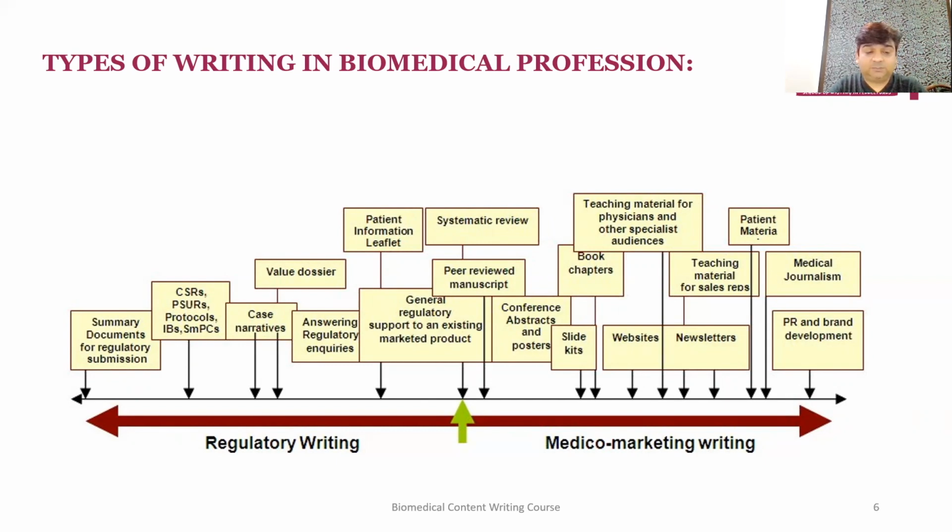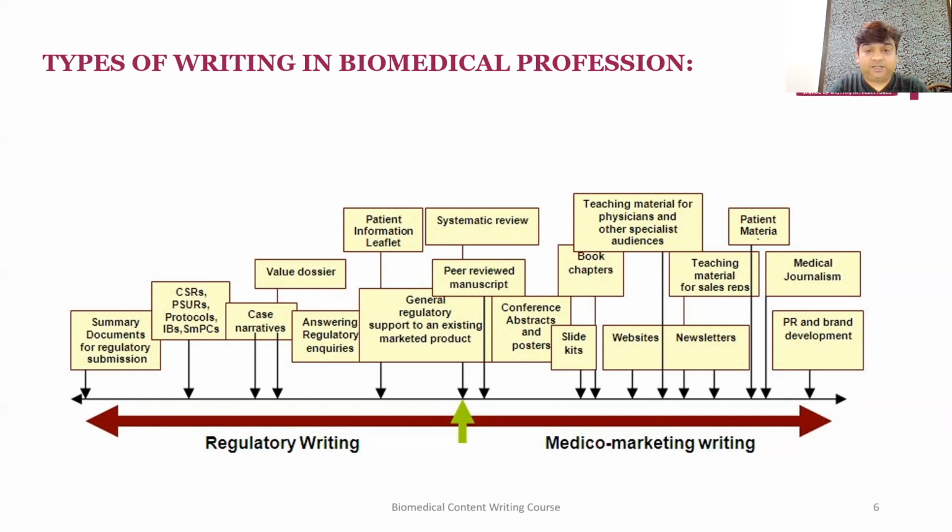All these documents are on the technical side, and they involve specialized training, which is not included in this particular course. Then we come to answering regulatory inquiries, which is again a very specific area where you need knowledge of the legal aspects of medicine. Then comes general regulatory support for existing market products.